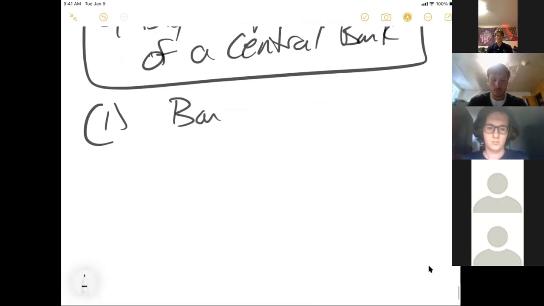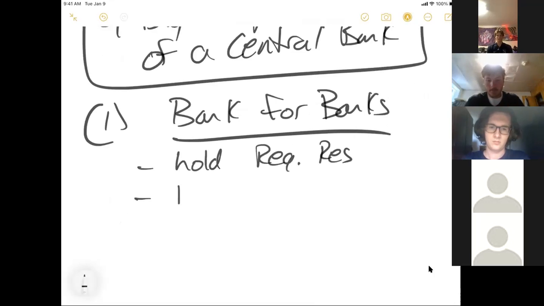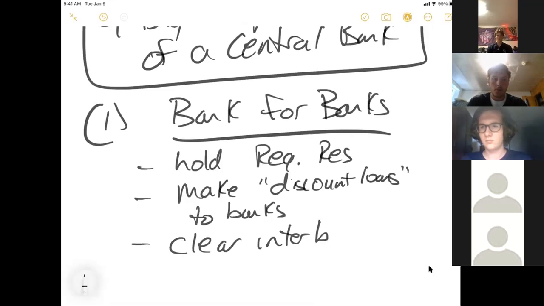The first one, as I mentioned before, central banks serve as a bank for banks. They hold required reserves. They make discount loans to banks. Also, the Fed clears interbank payments.